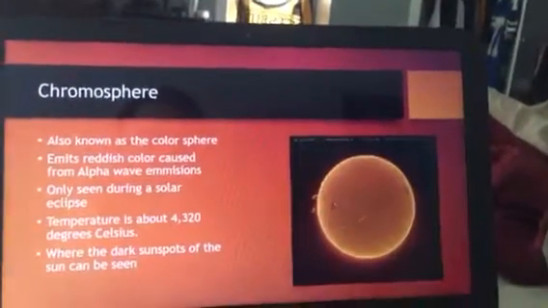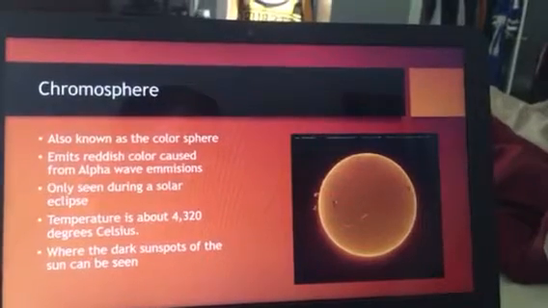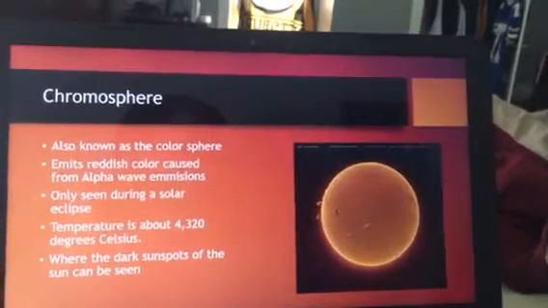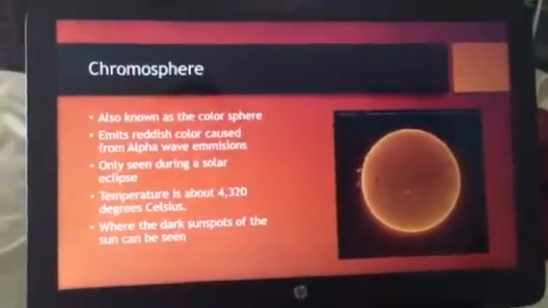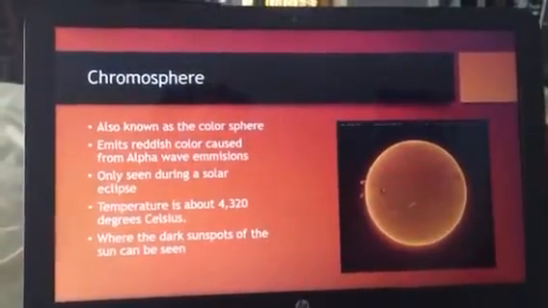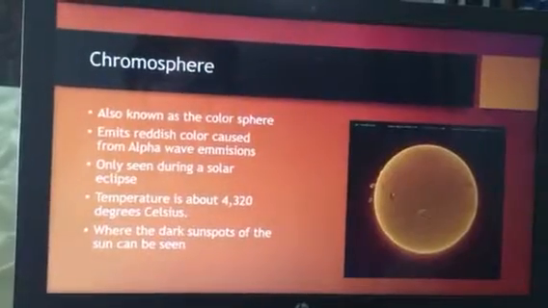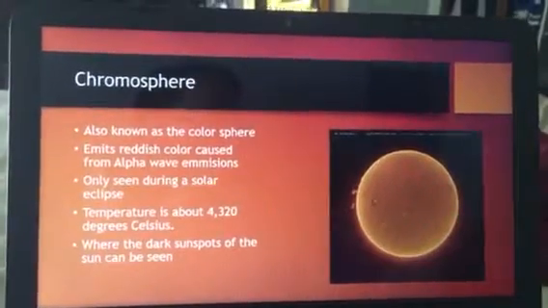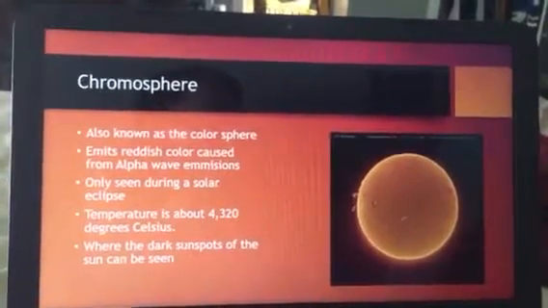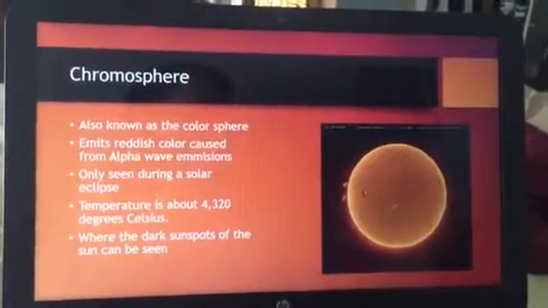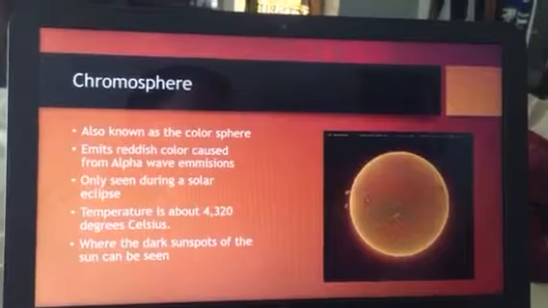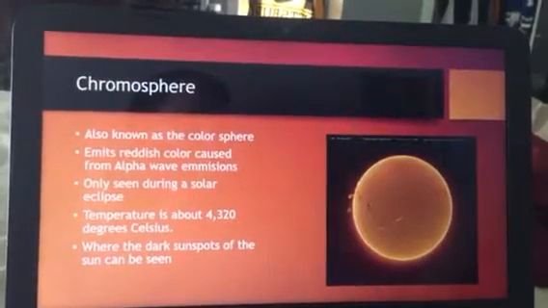Because of how bright the center of the sun is, you would not be able to distinguish where the chromosphere is and the surface of the sun is. The temperature of this layer is about 4,000 degrees, which is one of the coolest layers. Also, you can see sunspots visible in this layer.